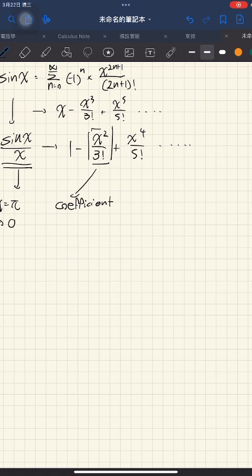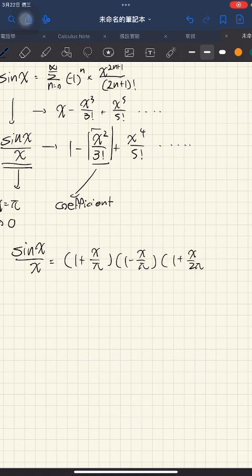So we can develop sin x over x as equal to 1 plus x over pi, 1 minus x over pi, 1 plus x over 2 pi, 1 minus x over 2 pi, and so on.